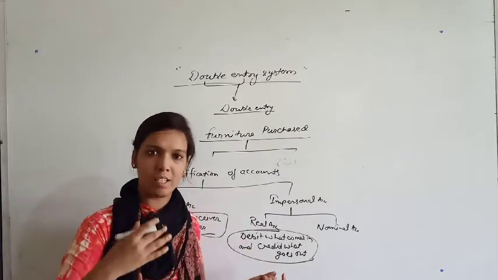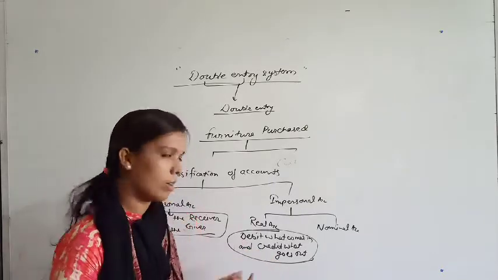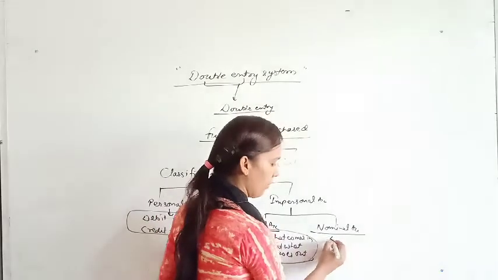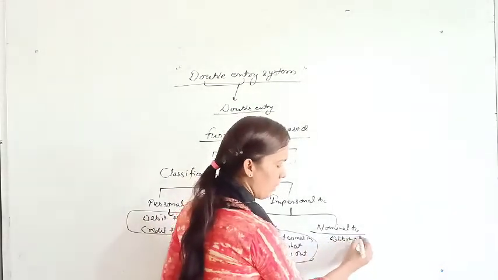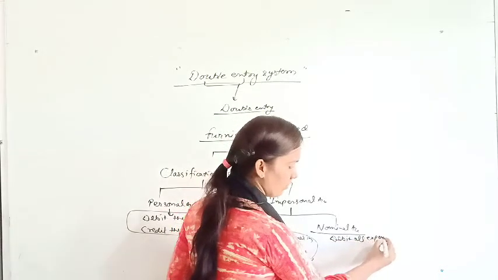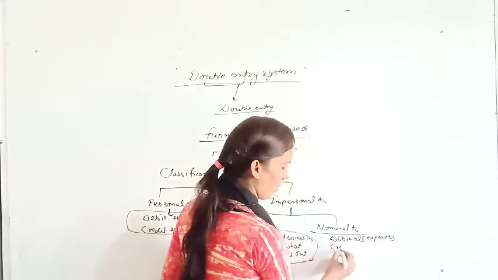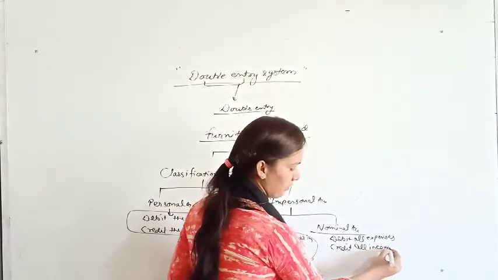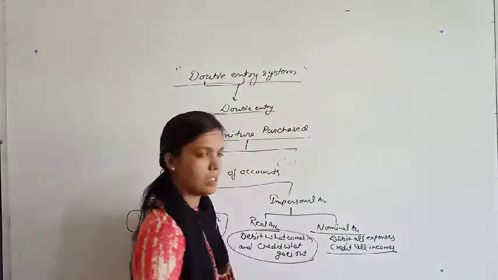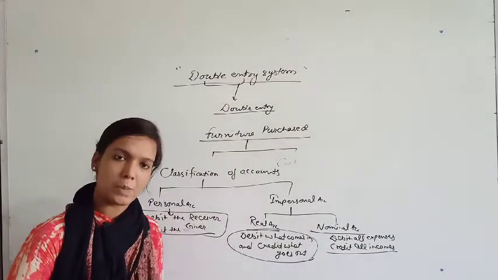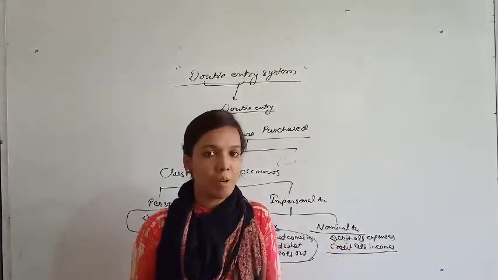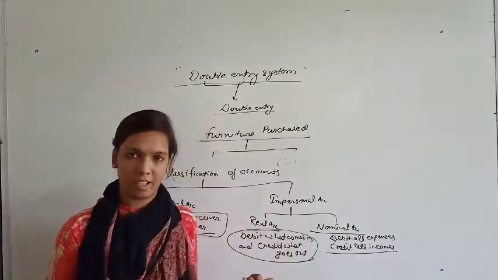But if any asset is going out from the business, that will be credited. Okay. The rule of nominal account will be: debit all expenses and credit all incomes. This is the rule of nominal account. Whatever expenses are there in the business, all will be debited. But if there is income in the business, that will be credited.